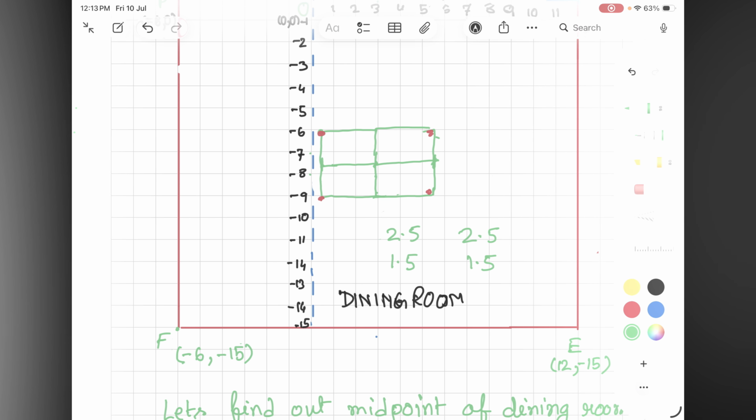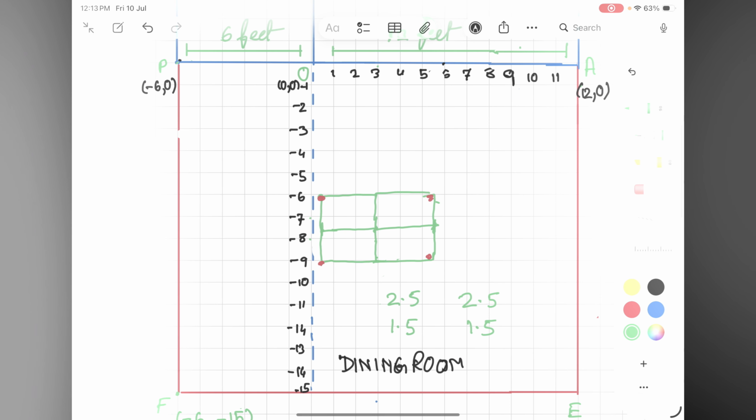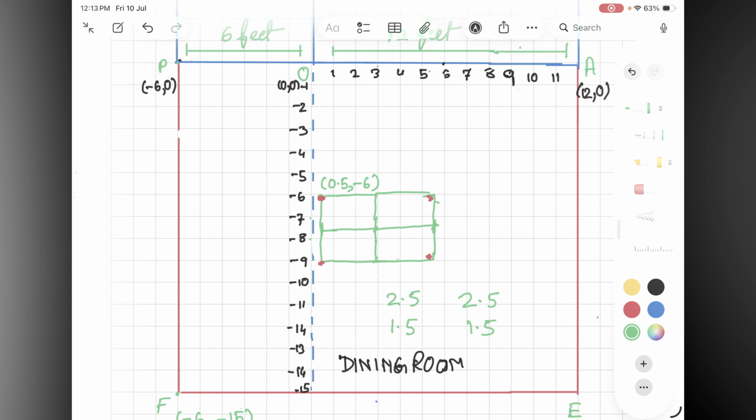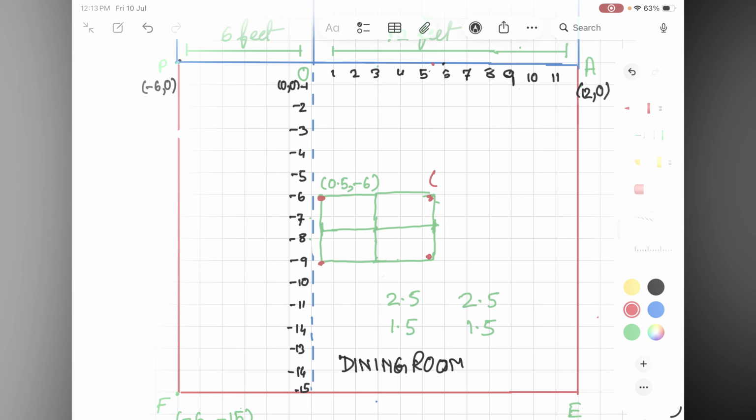The x coordinate is 0.5 and y is -6. This one is 5.5, correct? 5.5 comma -6.